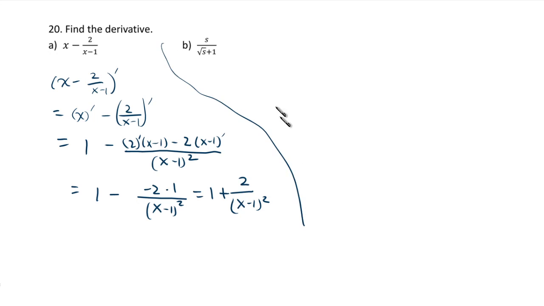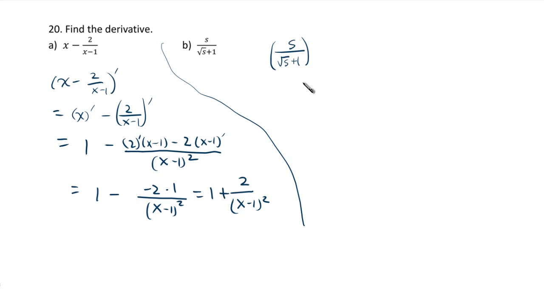Okay? How about this one? This is another quotient rule question. Sometimes you don't always get a function of x. A lot of times when you deal with functions in physics or business or other situations, your variables may be named a or s or y or z or whatever.